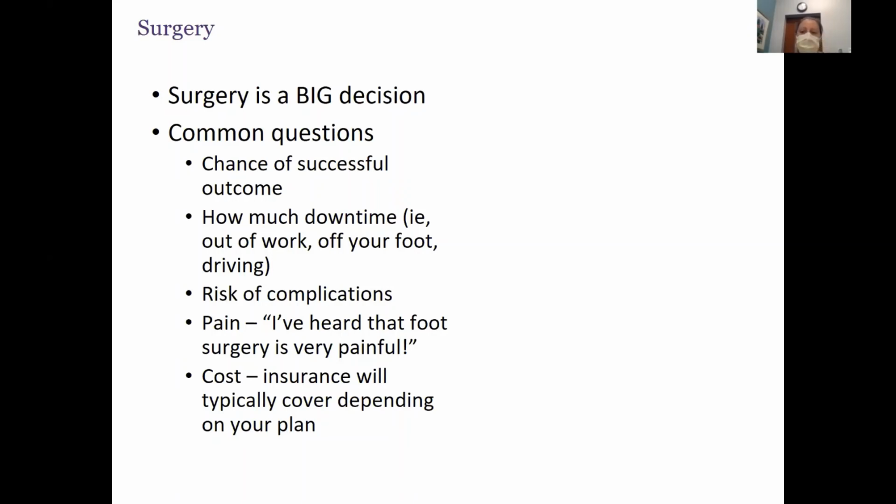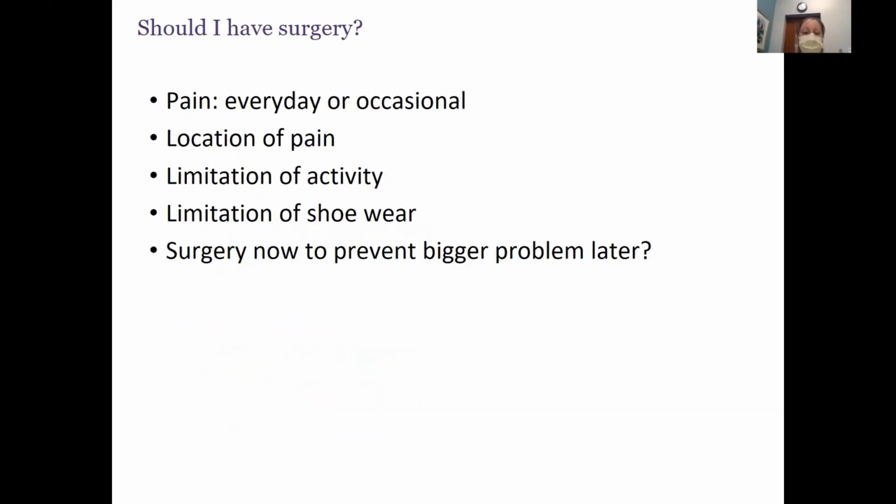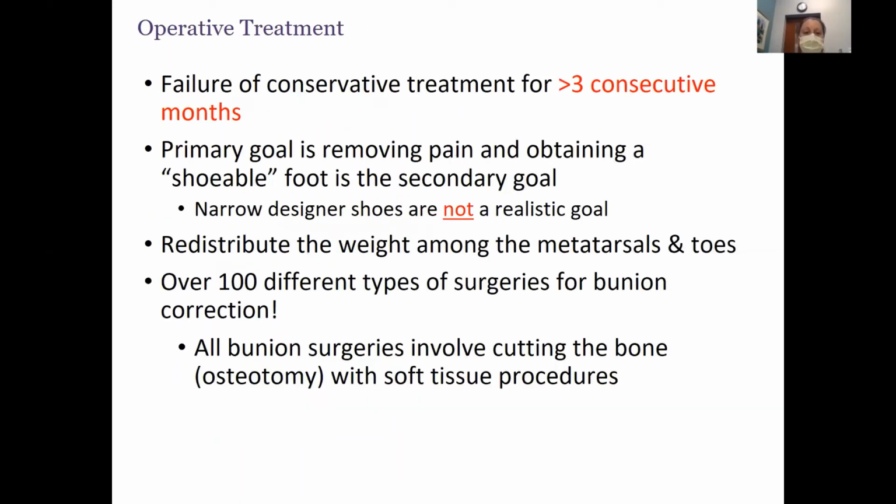And with the MIS techniques that they are putting out there, that is also greatly reducing pain. And yes, insurance does cover the surgery. So what we tell patients, again, is if you fail conservative measures for 3 months, surgery is an option. The primary goal, once again, is to get you in a shoeable foot that gives you good balance and supports.